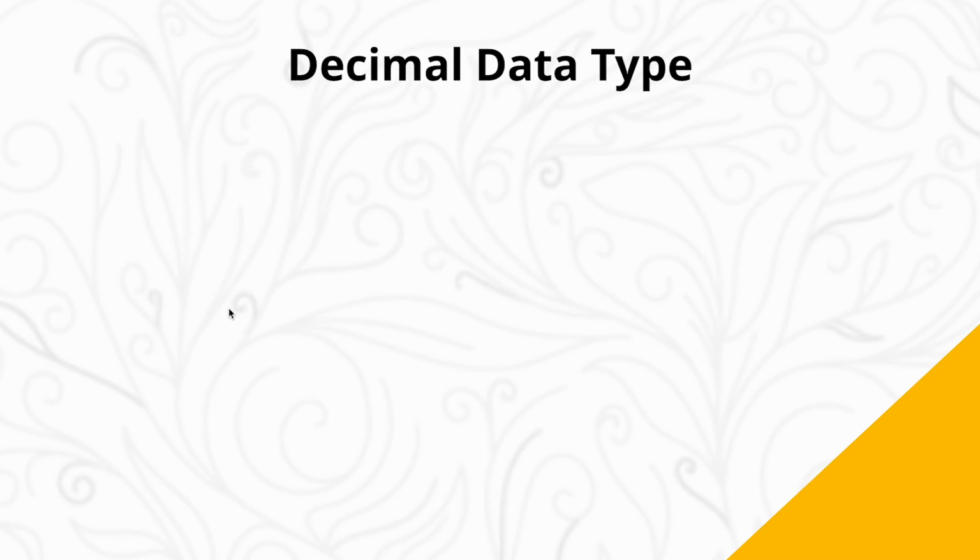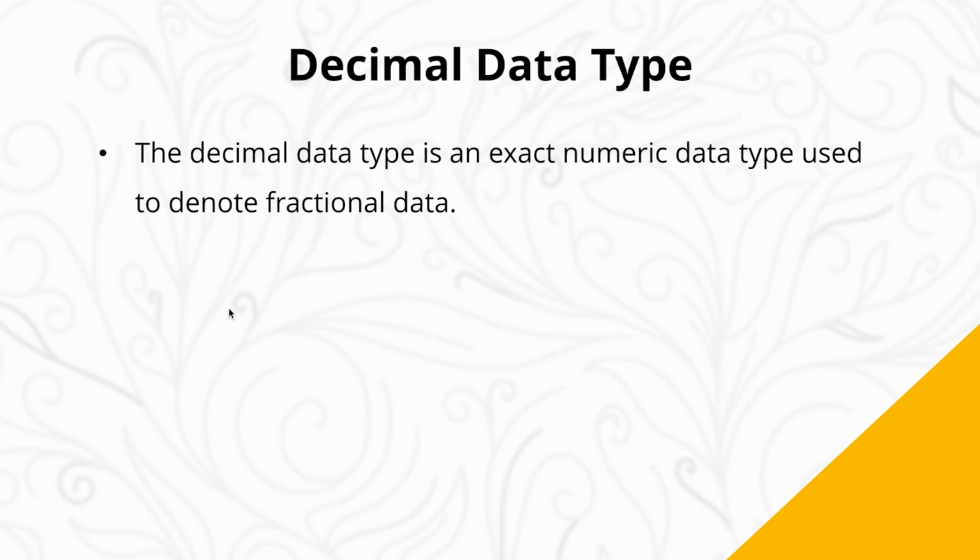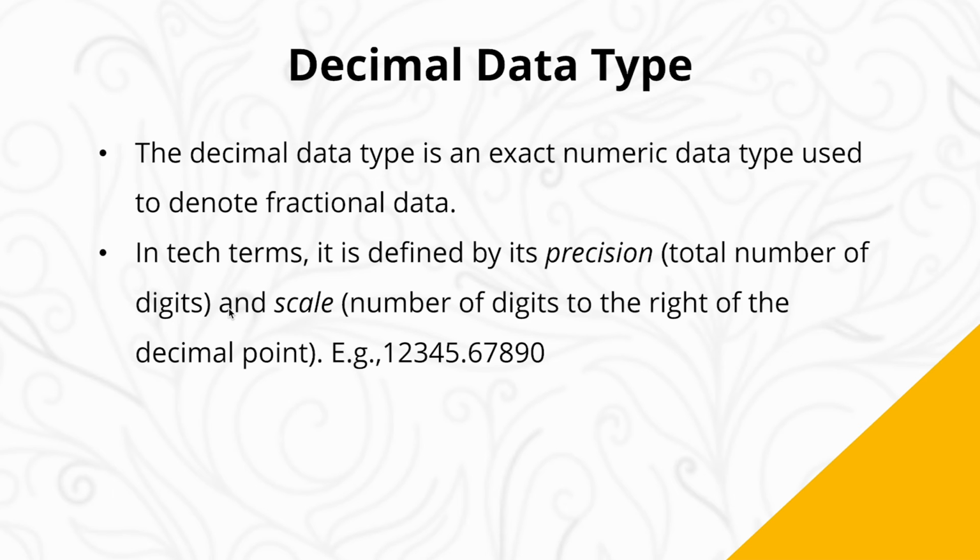Okay, and then we have decimal data type. The decimal data types are the exact numerical data types, but they are used to represent the fractional data. Okay, so it's defined by its precision and the scale. Normally when we say precision, it's the number of digits on a whole, and the scale is the number of decimals after the decimal point.